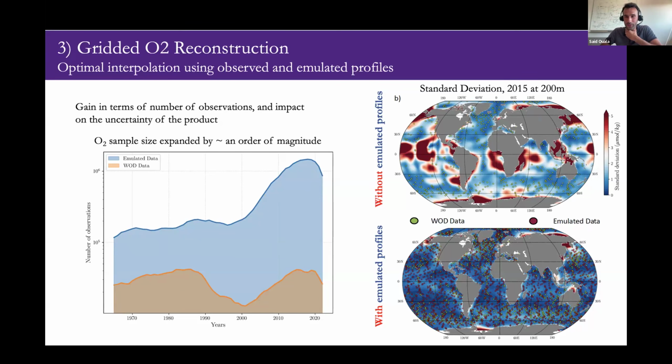This is an issue, and we mitigate it in our product by using emulated data, because now we are able to sample the whole ocean quite well, which results in a significant reduction in the uncertainty of the whole interpolated product.